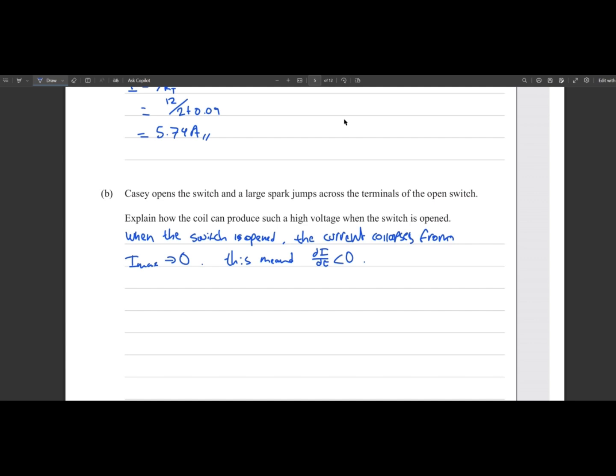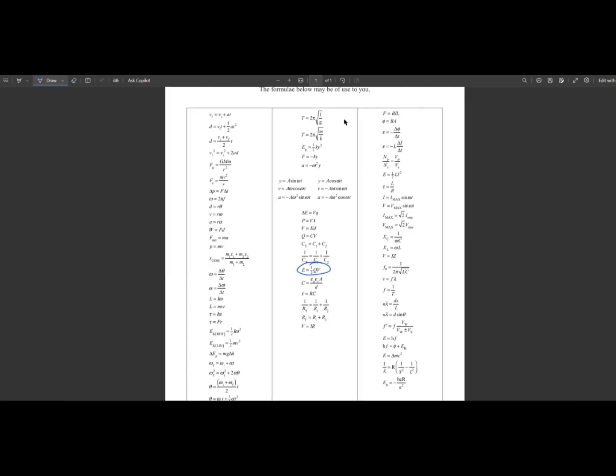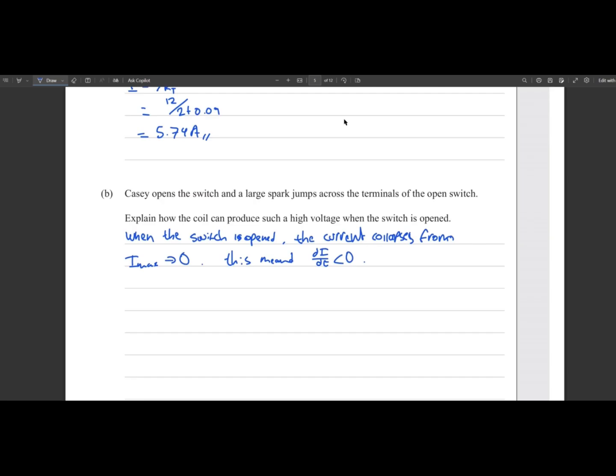Basically we also know, looking at our equations, is there anything else of use? Not really. It's mostly thinking about these two. But basically, as the current is changing, we know from the two equations, EMF equals negative d phi by dt, and also EMF equals negative L times di by dt.